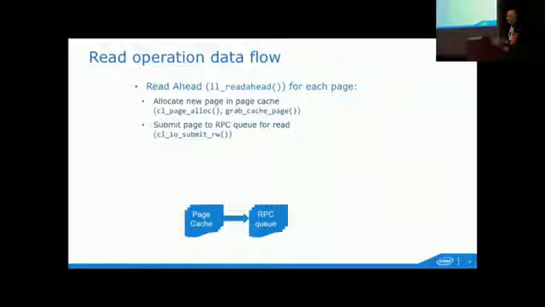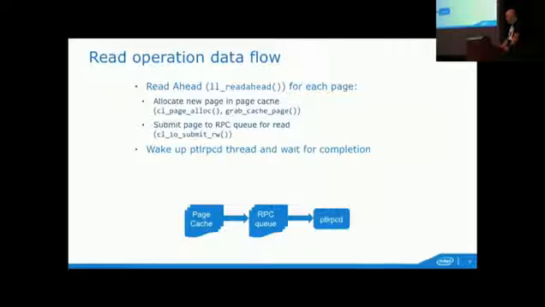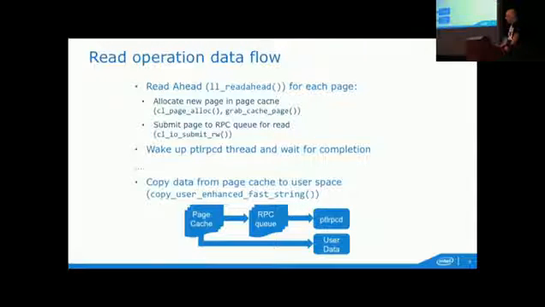Then we submit this list of pages into the RPC queue, wake up the ptlrpc layer, and wait until the data is filled from the server. After all data is on our client side, we copy this data to user space and return control to the user.